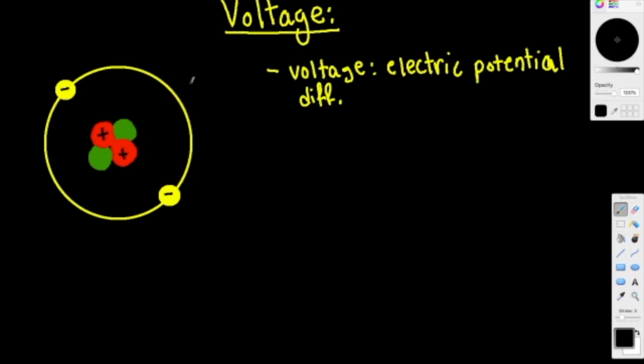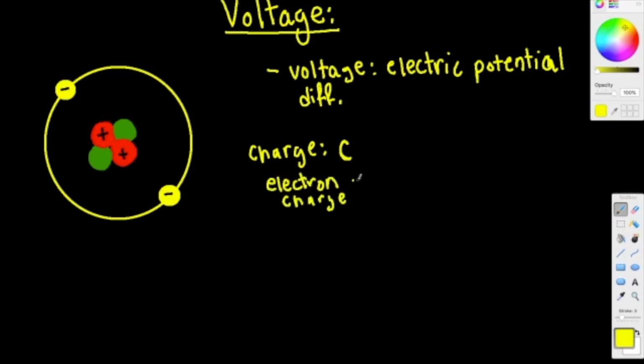This idea of charges. The SI unit, the standard unit for charge, is going to be coulombs, or C. And I just want you guys to know that the charge of an electron is equal to negative 1.602 times 10 to the negative 19th coulombs.